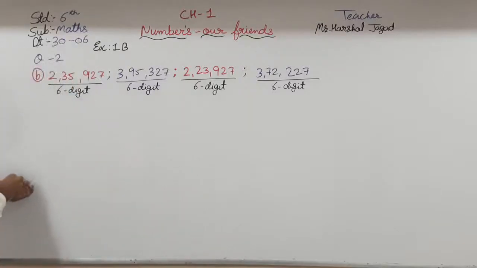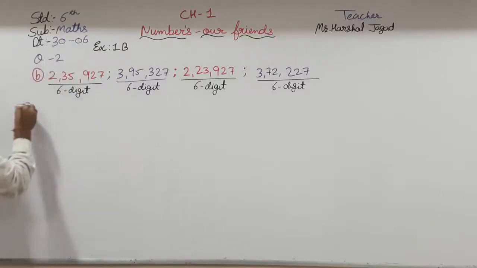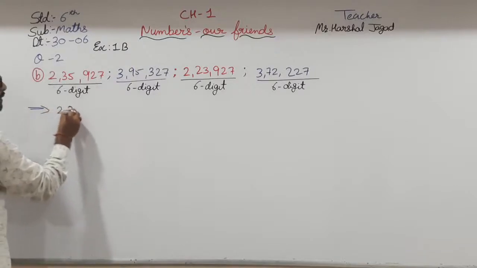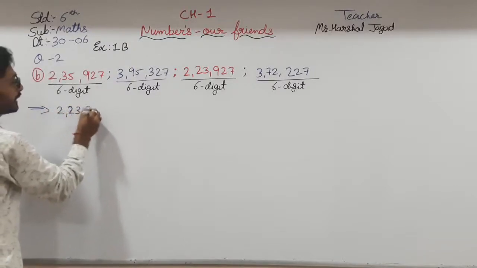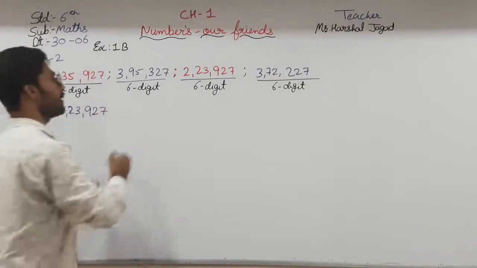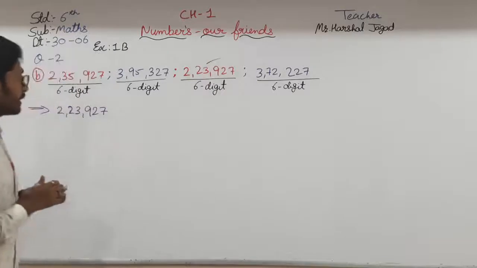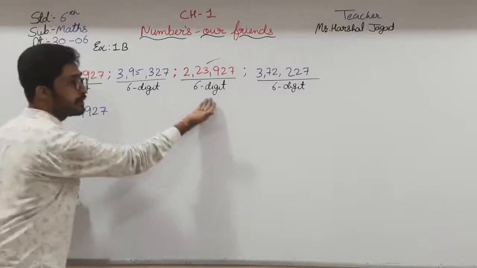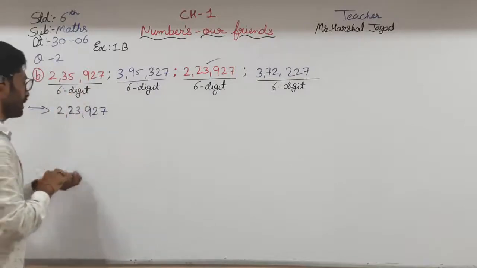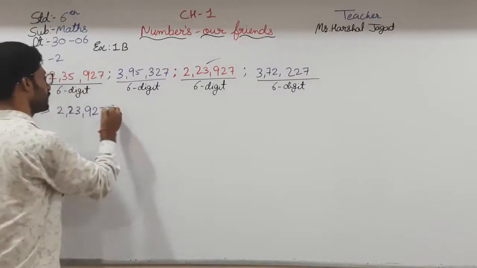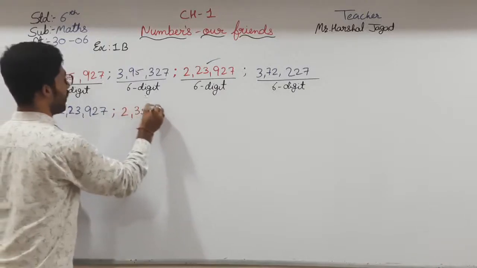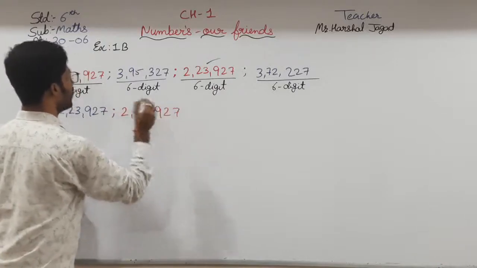So here in the answer, that is 2 2 3 9 2 7. This is the first. Okay, so we have done this. Then second, this one is smaller than this one, so second will come this. So here we will write 2 3 5 9 2 7.